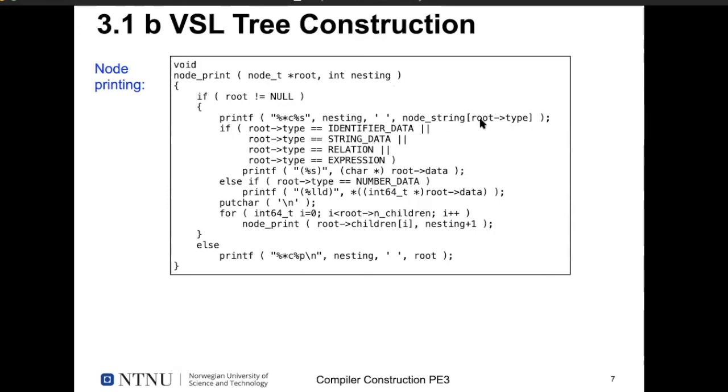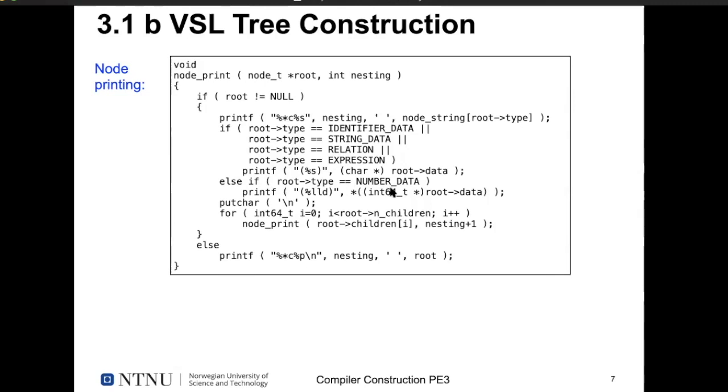This node string is indicated by the type here. So a node string is one of the header files. I don't think I have it in the slides. So this is just an array indexed by the type of the node that we were just passed. And then we can check if this type is an identifier or a string or a relation or an expression. We just print the string that we passed when we constructed this node using the initialize function.